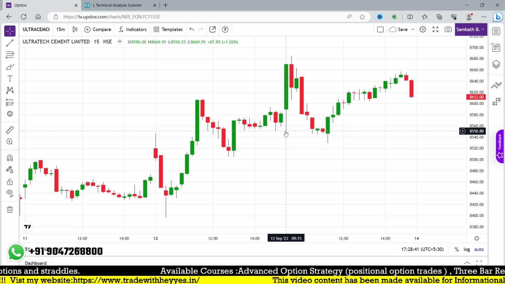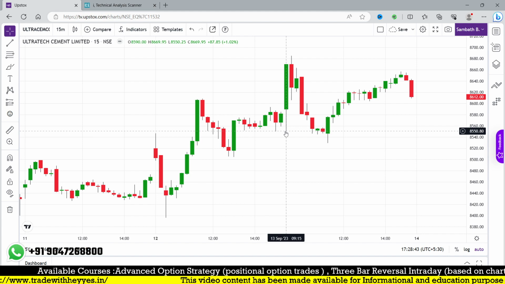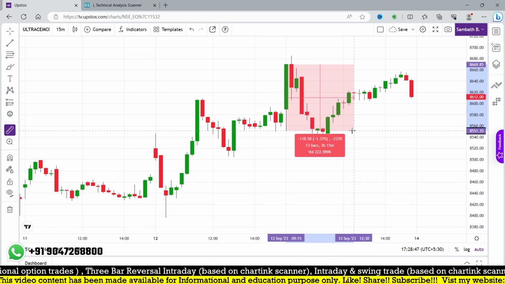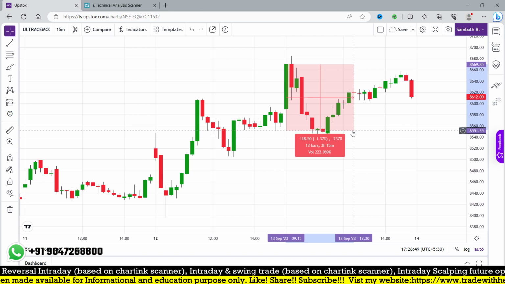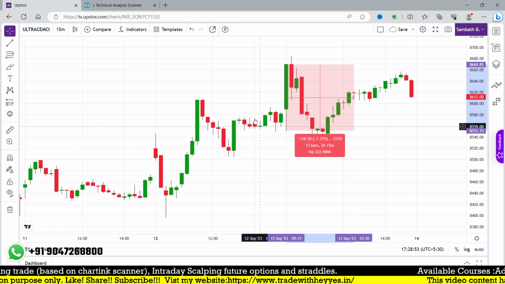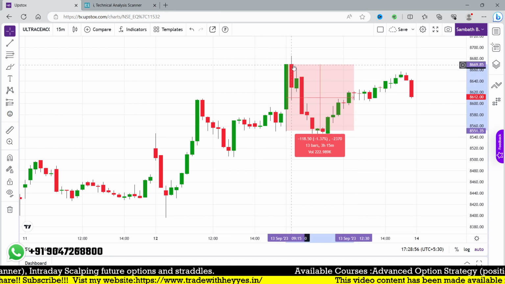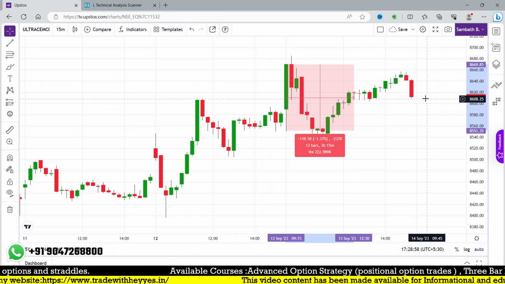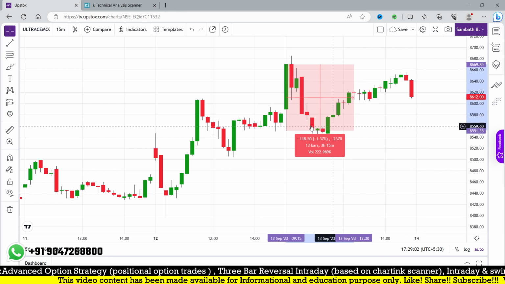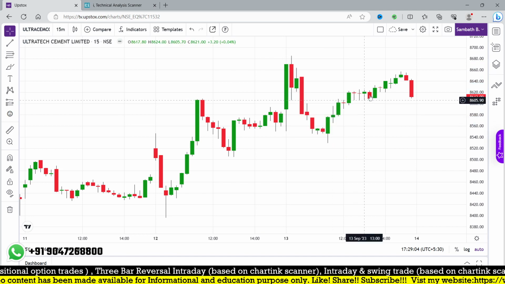Even though it triggers your stop loss, it will still be in the list. For Ultratech Cement, your risk for the trade is just 1.3%. If the risk is suitable and you placed orders, it triggered your stop loss. In the next 15 minutes it broke, but it was a fake breakout, and finally it closed about 60-70 points lower. We are not discussing that. This is our stop loss, it triggered and then returned back.